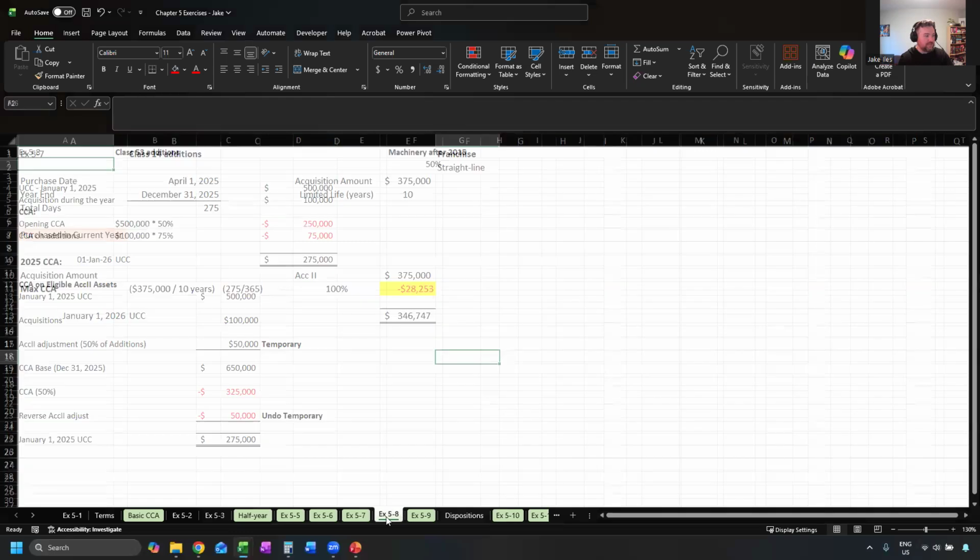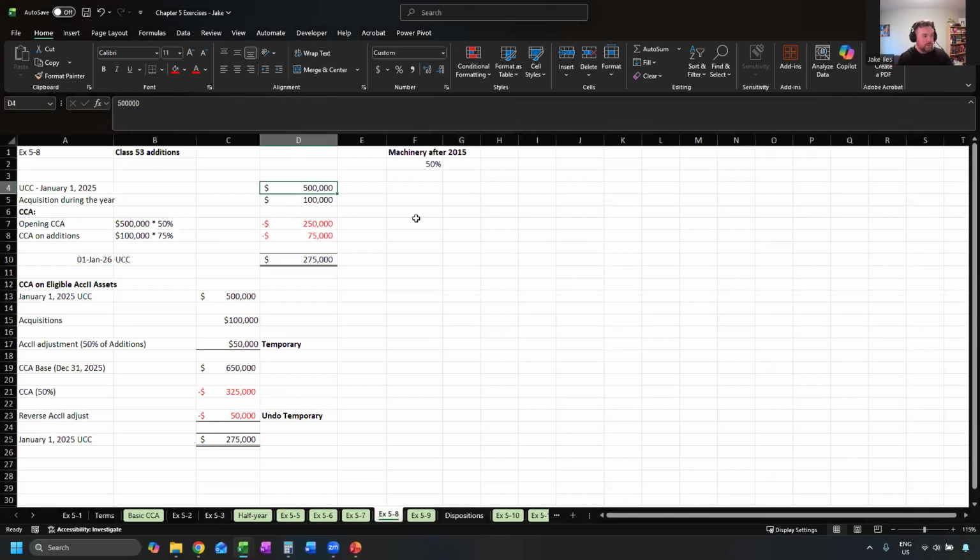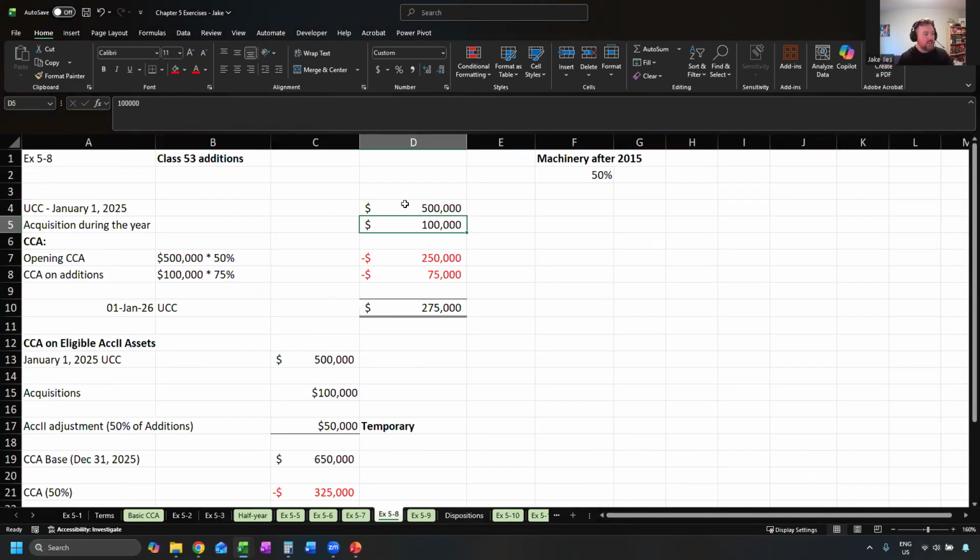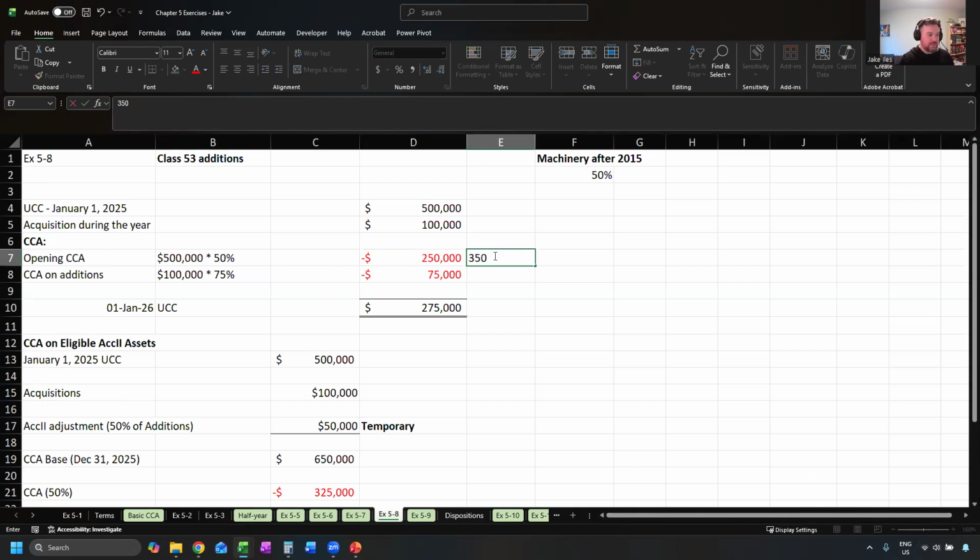So for Class 53, we started with 500,000. We added 100,000. So in total, our UCC is $600,000, our starting amount plus our net additions. We take 50% of our starting balance. So of the existing assets, we'll take CCA of 250,000. The additions of 100,000, we can take 75%. So 250 plus 75, our total CCA is 350,000.